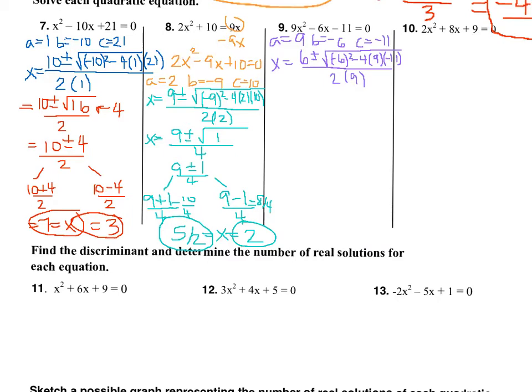Okay, when I calculate my discriminant, I get, oh wow, my discriminant's 432. So x equals 6 plus or minus the square root of 432 all over 2 times 9 gives me 18.